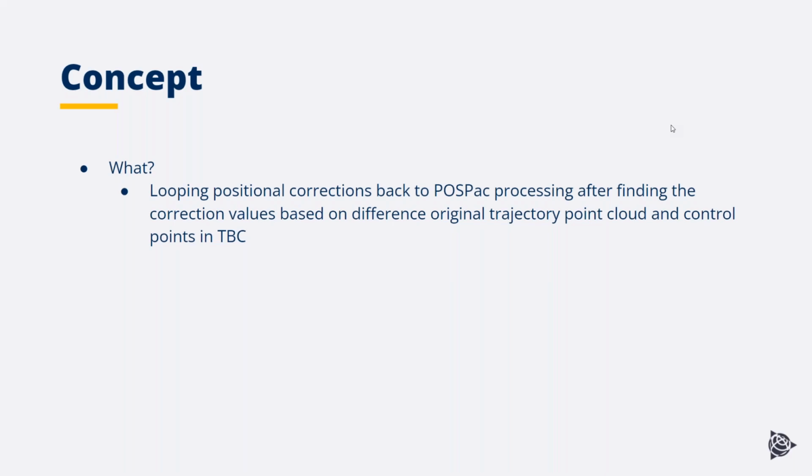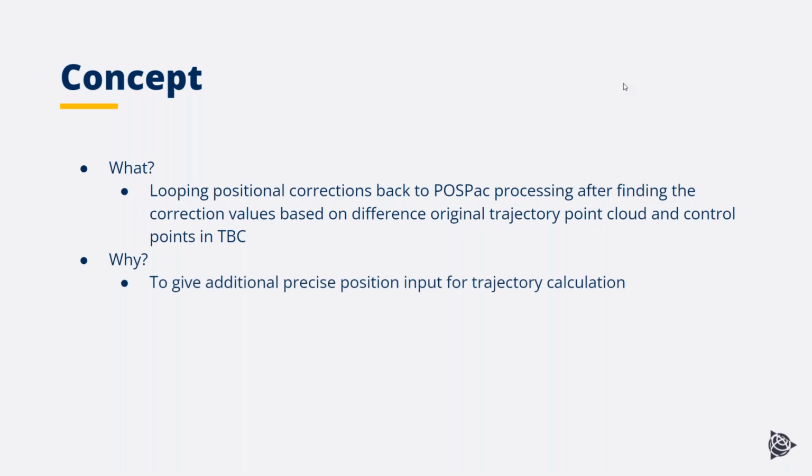From this perspective, it's a way of registration. But what is different is that we are bringing this correction back to POSPac instead of just correcting our trajectory in TBC. We are doing this because POSPac is more intelligent. There is different kind of filtering of different observations, so we are filtering this correction with IMU data, DMI data, and so on. So it's a more intelligent way of registering data.